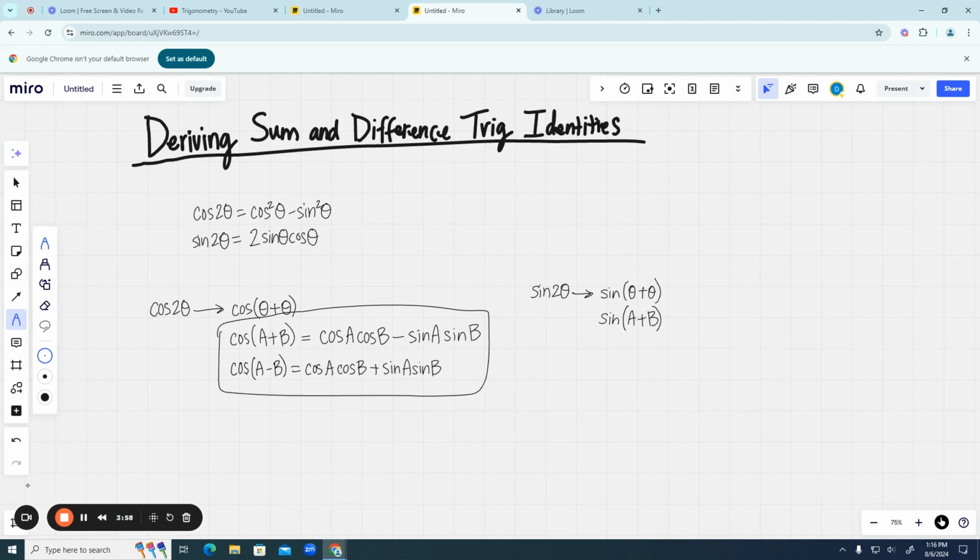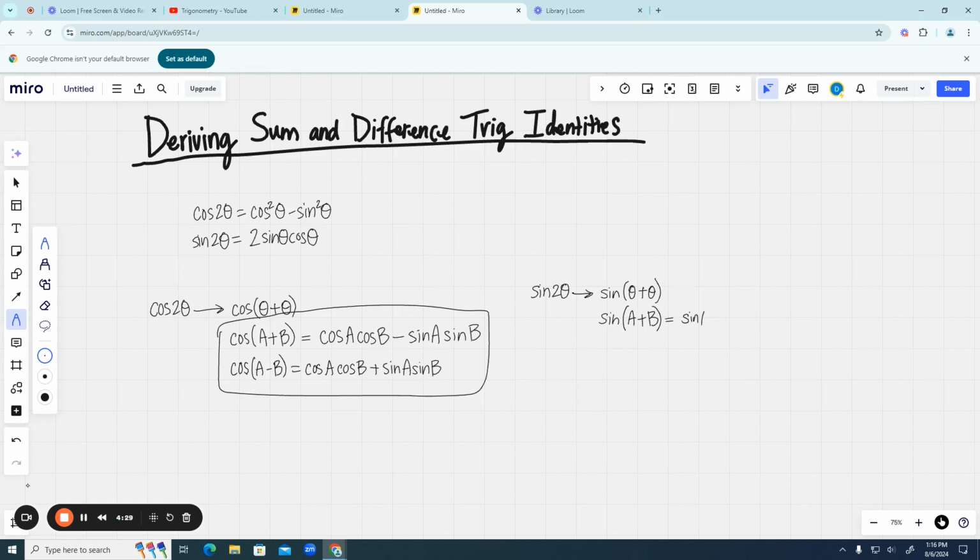So I'm trying to make this look like this. So I'm trying to think of what things I can multiply by to make it look like this. So if I multiply sine and cosine together, I'll have sine and cosine. And then if I add a sine and cosine twice, I'll get two of them. So I'm going to write it like this.